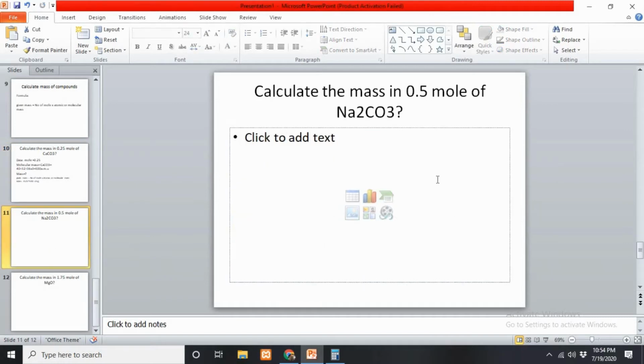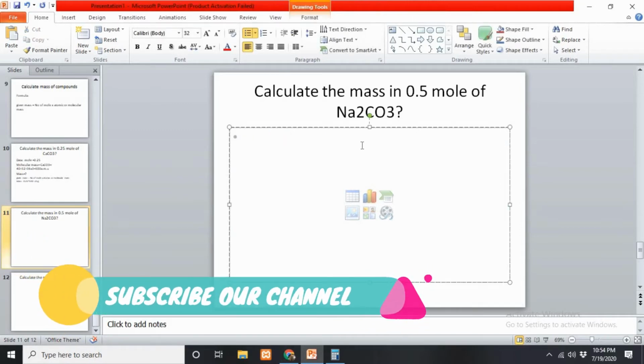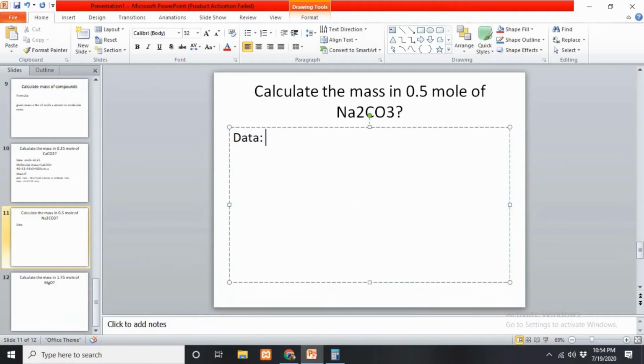The second question in the list is: calculate the mass in 0.5 mole of Na2CO3. Again, we have to create the data first. Write mole is equal to 0.5. Same as before, you have to calculate the molecular mass. First, you have to evaluate for what compound you are going to calculate the molecular mass.